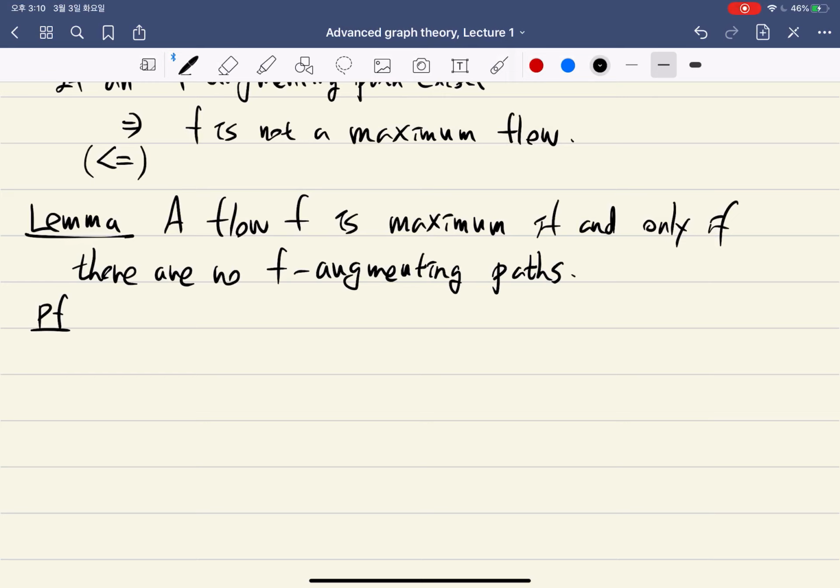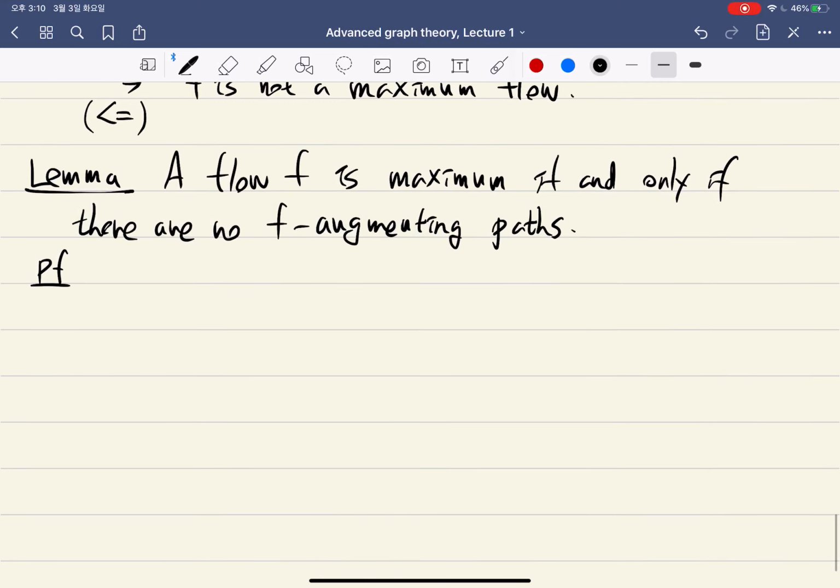If we want to just find the maximum flow, we might have to check all the possible flows and compute the values, and then choose the maximum flow. But checking all possible flows is too much. But here, an f augmenting path is something more concrete to actually check. So this is a useful lemma for us.